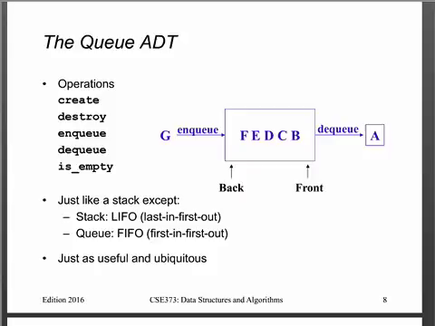Another data structure you know already is the queue. The queue is a little bit similar to the stack, an easy one. In the same way, we can describe abstractly what a queue is. We have operations: create, destroy, enqueue, dequeue, isEmpty.